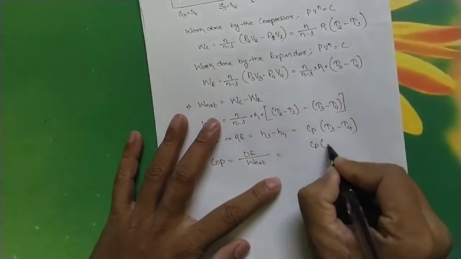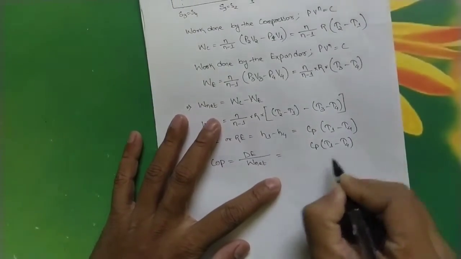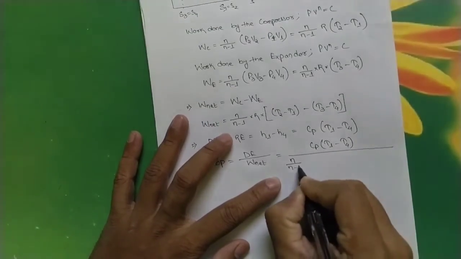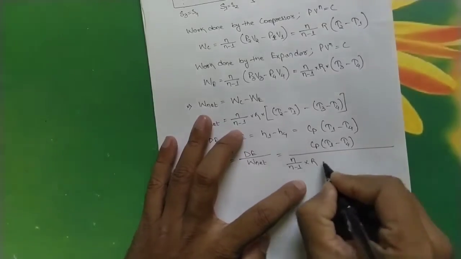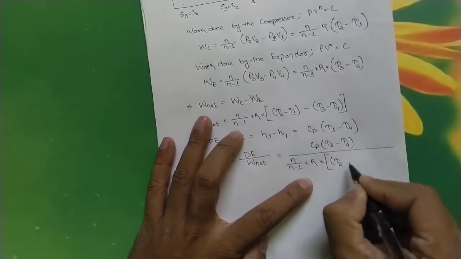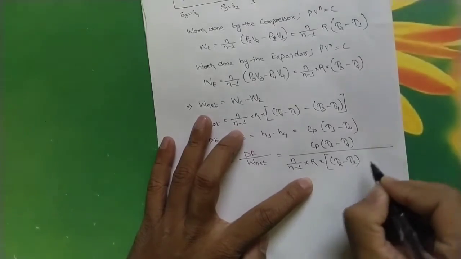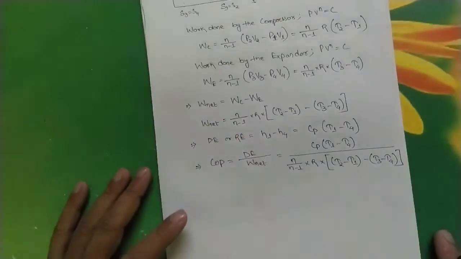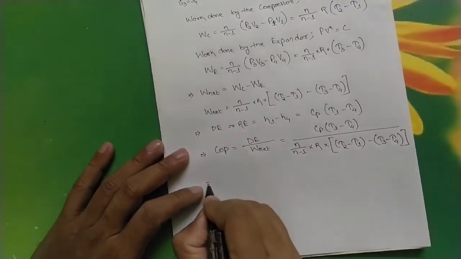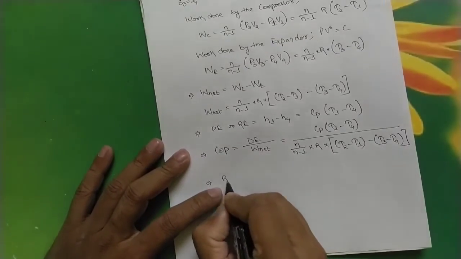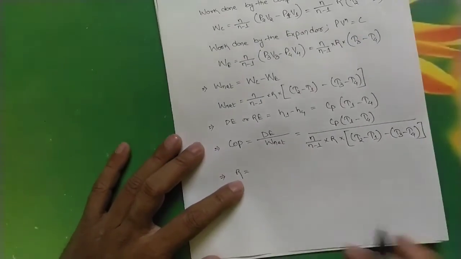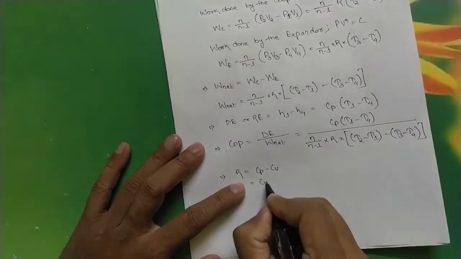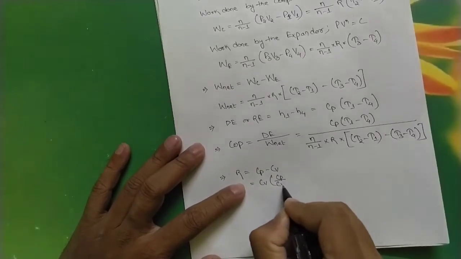So Cp into (T1 minus T4) divided by the net work done, n by n minus 1 into R into [(T2 minus T1) minus (T3 minus T4)], is our COP. Now we know the gas constant is equal to Cp minus Cv. Taking Cv common, we get Cp by Cv minus 1.